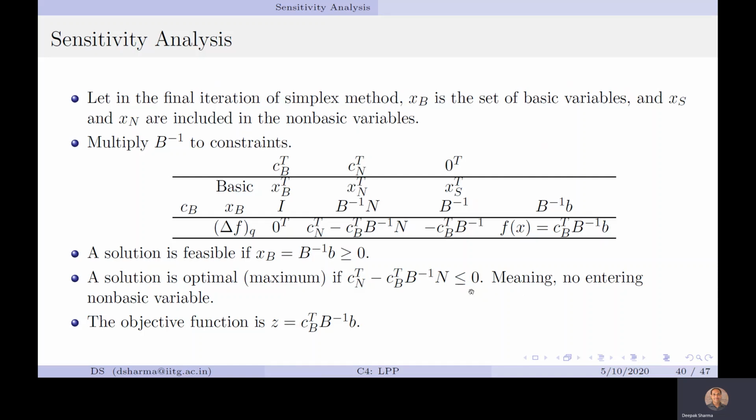If this is the case, the objective function Z, as I told you earlier, which you can find at the right hand side corner, is CB transpose B inverse b. Now just look at this vector where we are saying optimality condition: Cn transpose minus CB transpose B inverse N.